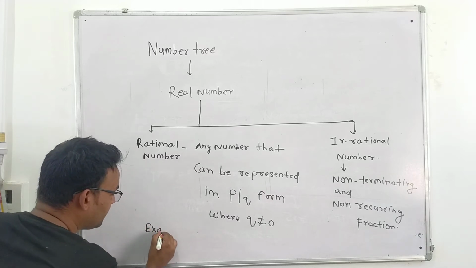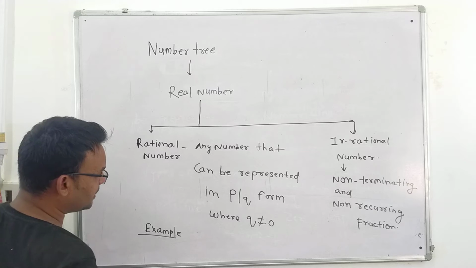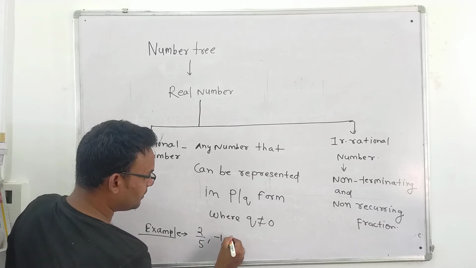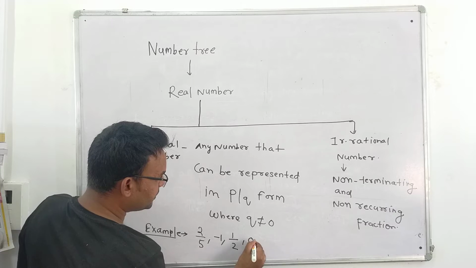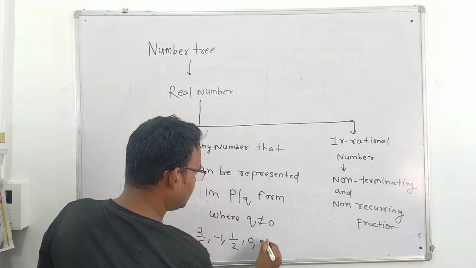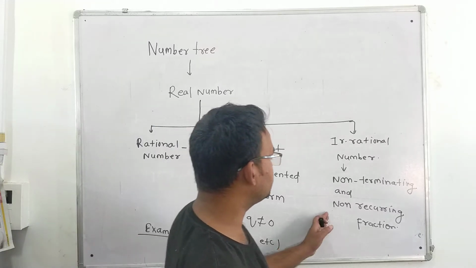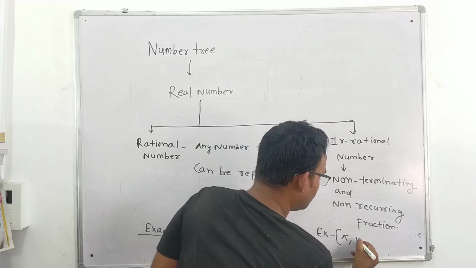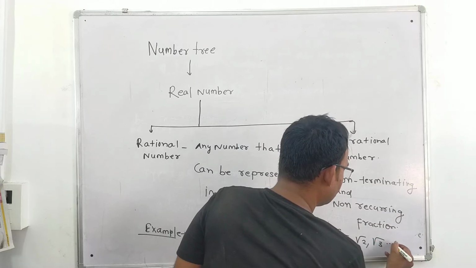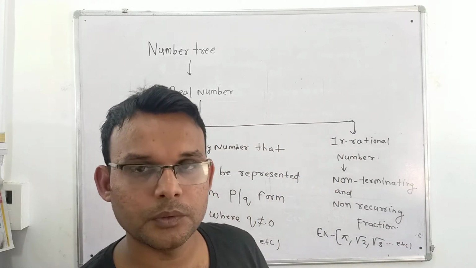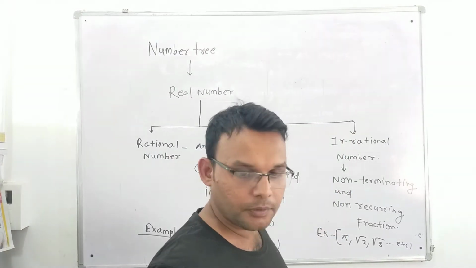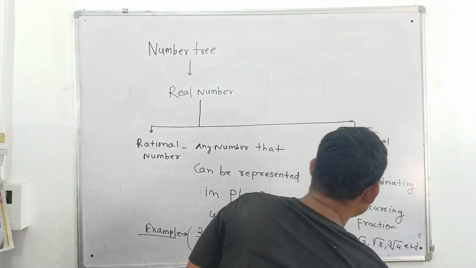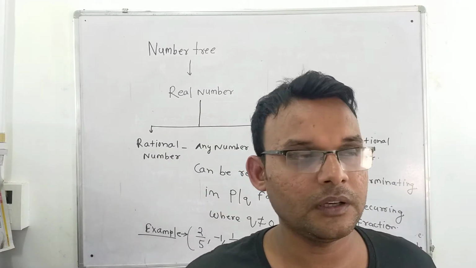Examples of rational numbers are 2 by 5, minus 1, 1 by 2, 0, etc. Examples of irrational numbers are pi, root 2, root 3, cube root of 4, etc. All these are non-terminating and non-recurring fractions.